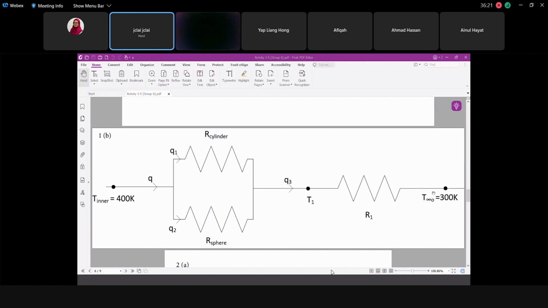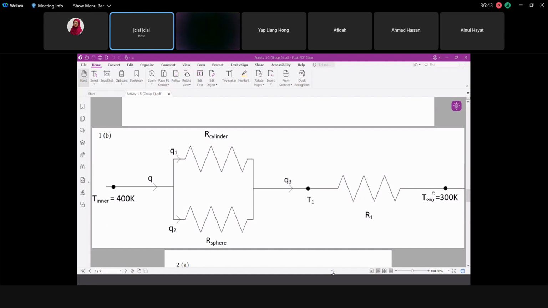Okay, then I got very similar answers. But this is the first time I see this kind of circuit diagram. Okay, but I dare not give a very conclusive answer at the moment yet.